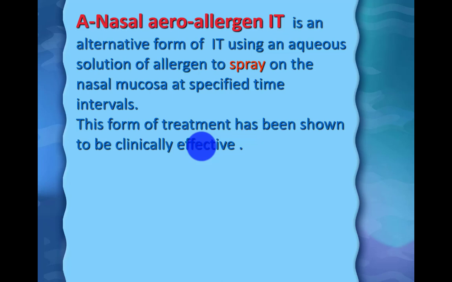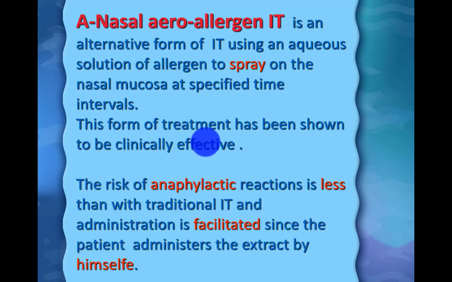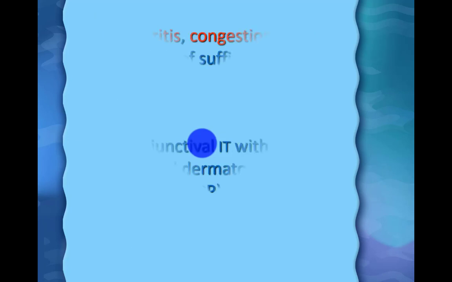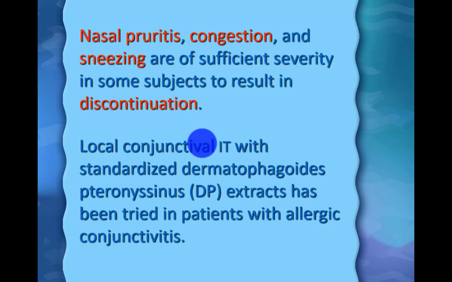This form of treatment has been shown to be clinically effective. The risk of anaphylactic reaction is less than with traditional IT, and the administration is facilitated since the patient administers the extract by himself.